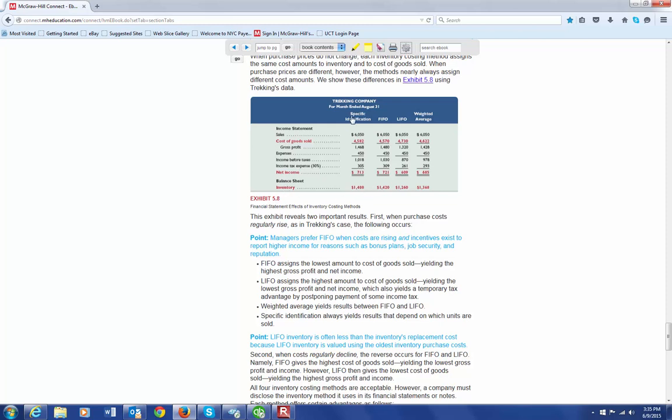And under specific identification, the 12 bikes that you have left are worth $1,408 or cost you $1,408. FIFO $1,420. LIFO is going to be less because it's recorded at the earlier cost, because remember, it's last in, first out. And then weighted average again is going to be somewhere in between.